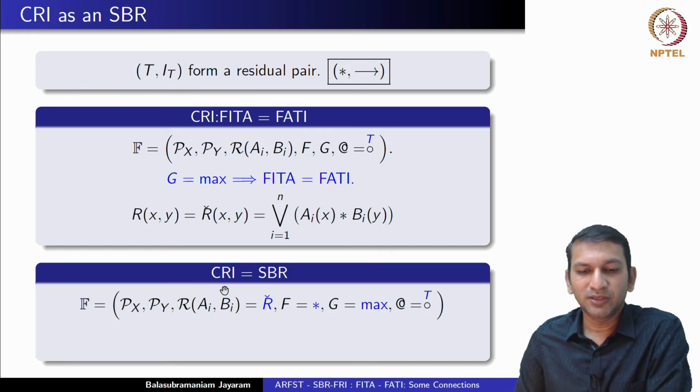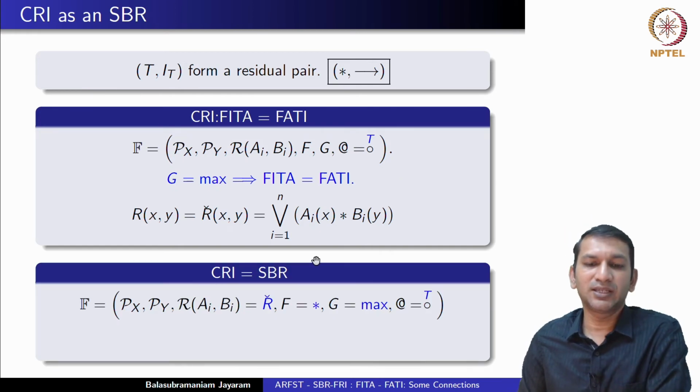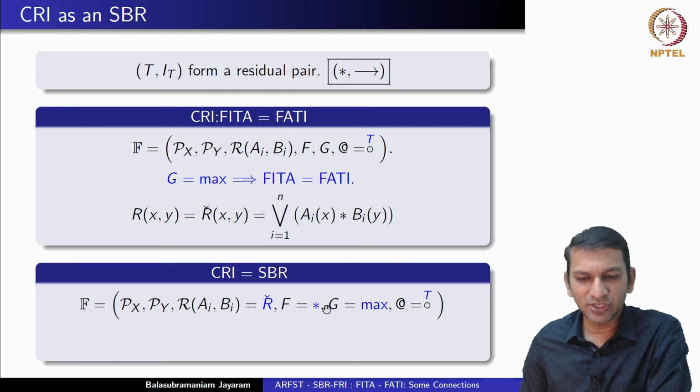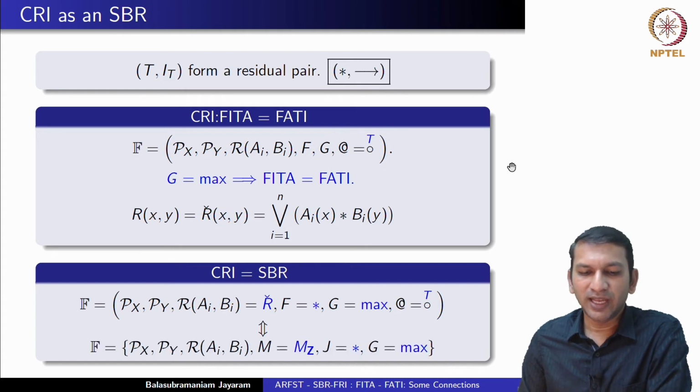Now we want to show the conditions under which CRI can be looked at as an SBR. Now look at this. This is the form of this CRI. If we take for the rule the relation R check, that means F is star and G is max, the sup T composition. Of course, these operations are coming from residuated lattices. Then we can show this is equivalent to an SBR inference mechanism. In the SBR inference mechanism, we have a matching function, a modification function, and an aggregation function.